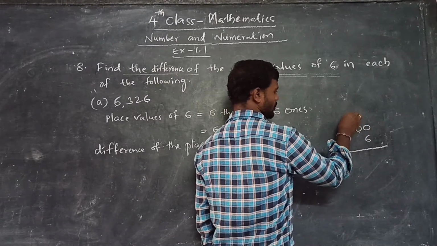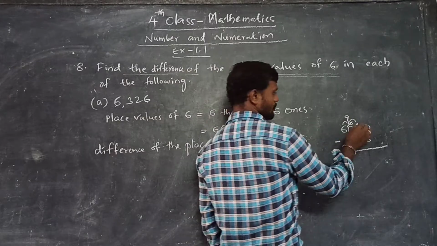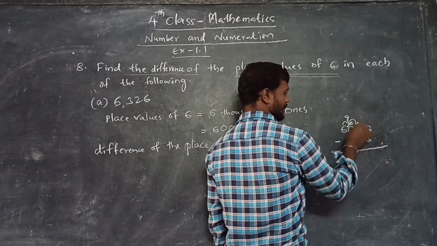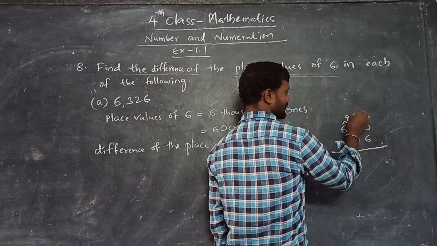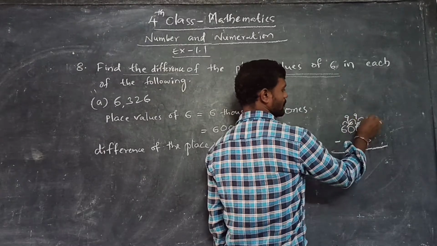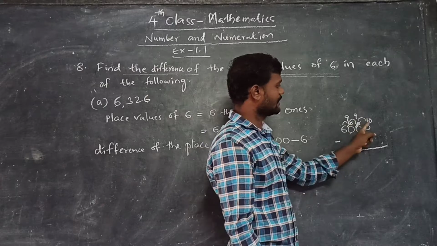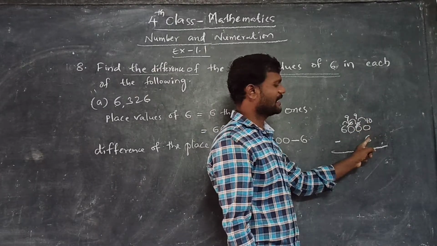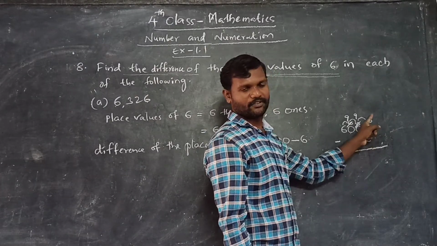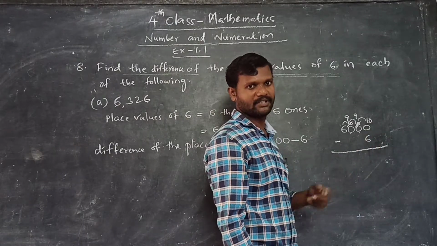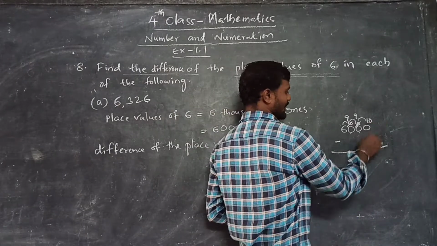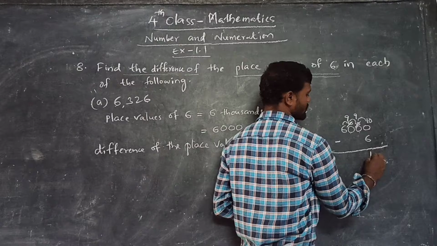This number becomes 9 only. So it is 10. Again borrow from this, so here we write 9 only. What will we get? 10. What is the last one? 10. 10 minus 6. If you subtract 6 from 10, what will you get? 4.